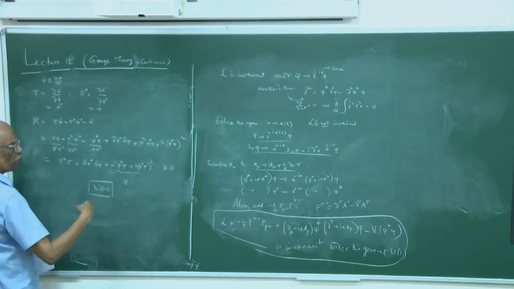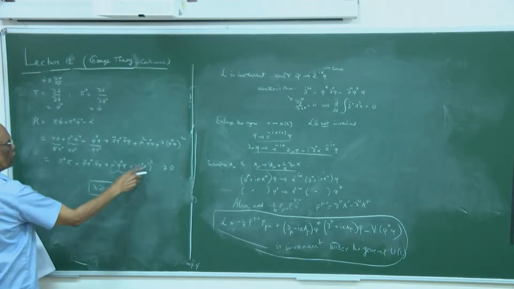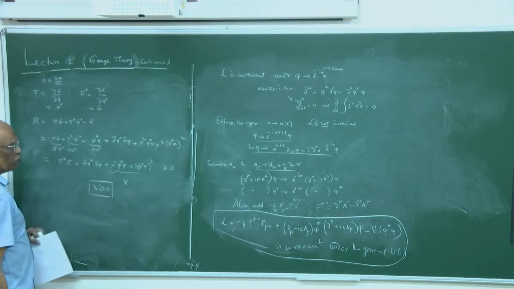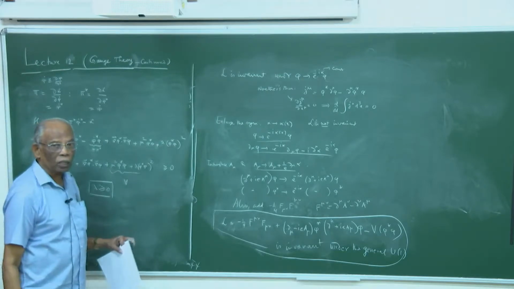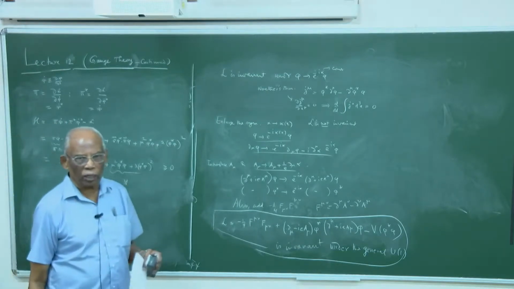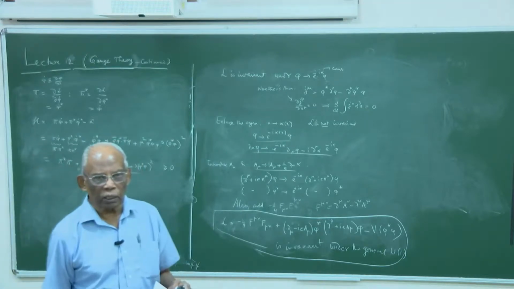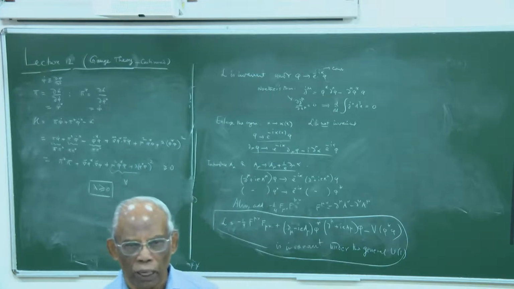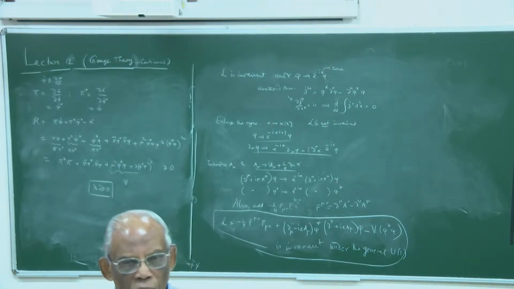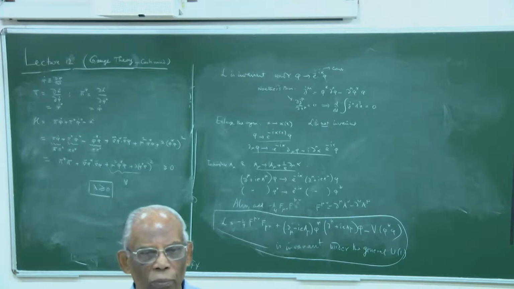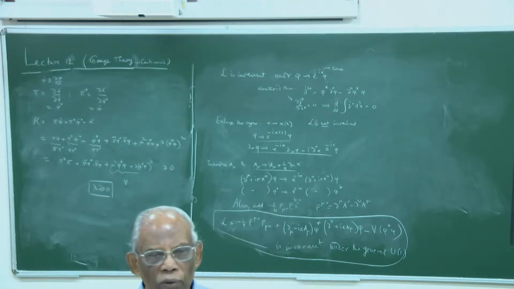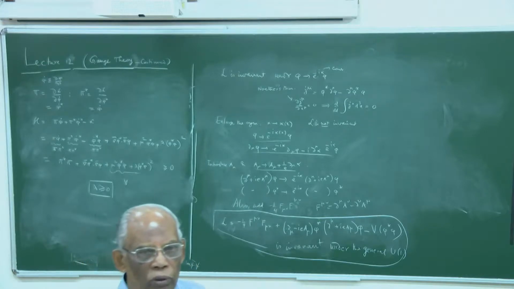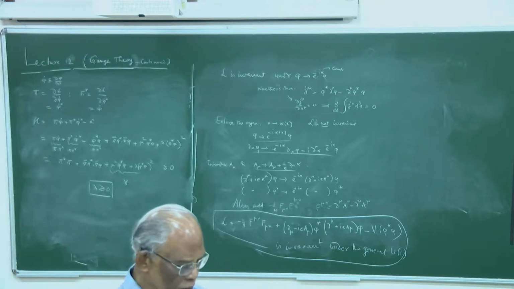By taking phi sufficiently large, phi star phi whole squared will be positive and lambda is negative, so the energy density will go down and down negative. It will be an unstable system. We can never allow that. Energy density can never be unbounded from below, otherwise you can never have proper dynamics. For a proper dynamical system, energy density has to be bounded from below, and that will happen only if lambda is positive. So this coupling constant lambda of lambda phi power 4 theory has to be positive definite.